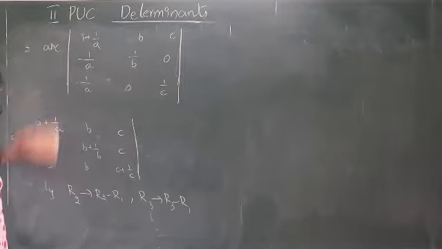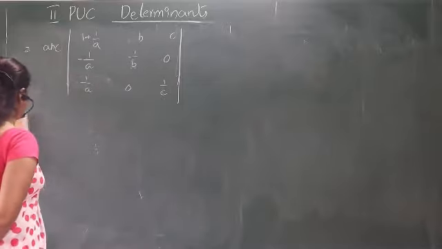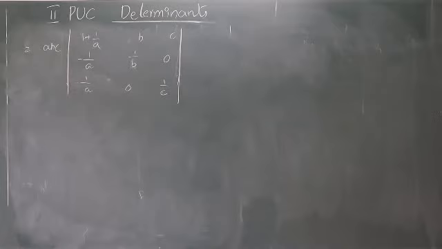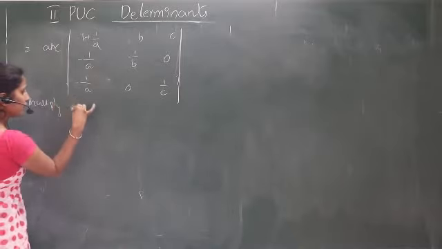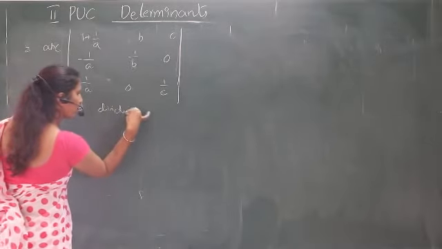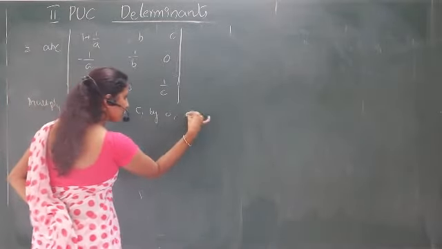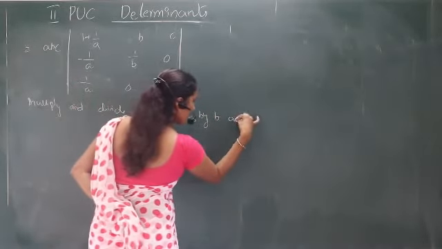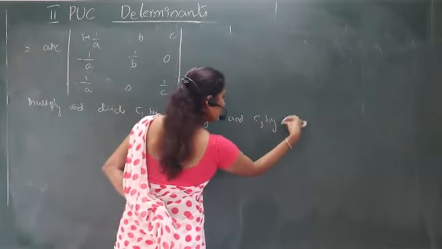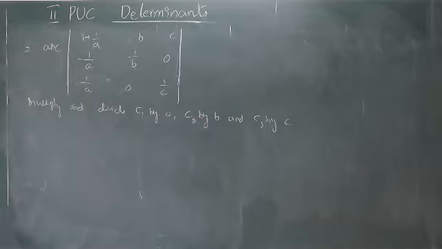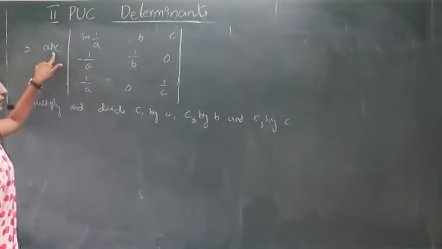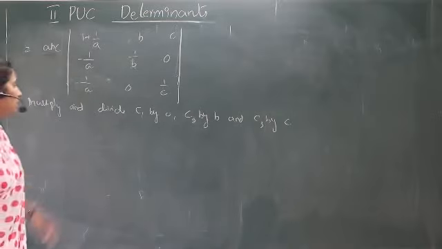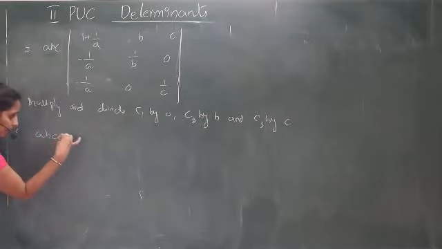So now you can see the terms: 1 plus 1 by a, minus 1 by a, minus 1 by a, and b, 1 by b, 0 and all. I'll multiply and divide C1 by a, C2 by b and C3 by c. When we multiply and divide, already we have abc outside.